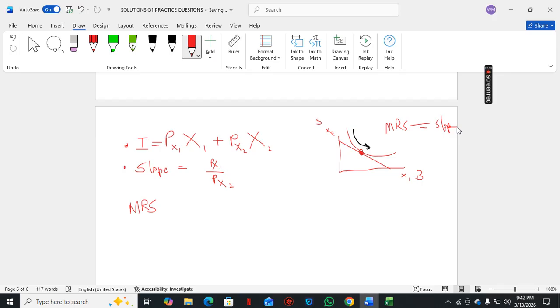Now this is where we need to pay attention, because in the marginal rate of substitution, this is where the calculus comes in. Remember our utility function is the square root of X1 X2. To get our marginal rate of substitution, we need to differentiate this function. First, we remove the root sign. Remember, the root sign is the same as the power half.